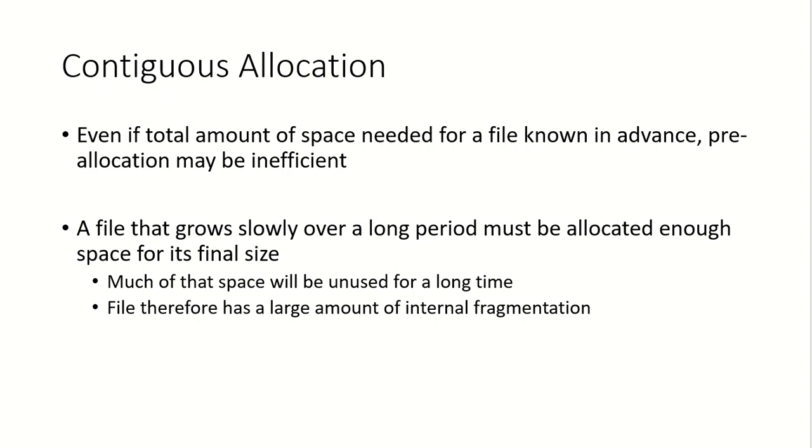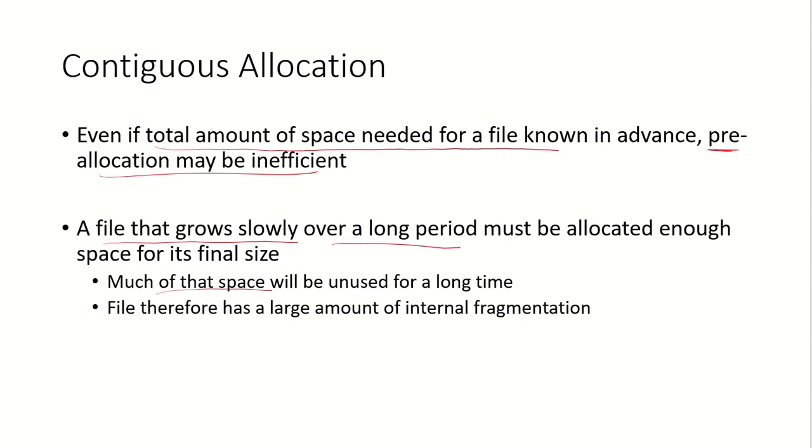Even if the total amount of space that is needed for a file is known in advance, pre-allocation may be inefficient. Why is that? Because even if we know that ultimately this file is going to take a large space and if we allocate that space to that file, but this file is growing slowly over a long period, still it is occupying that large space.